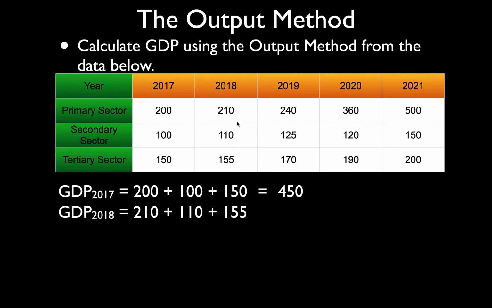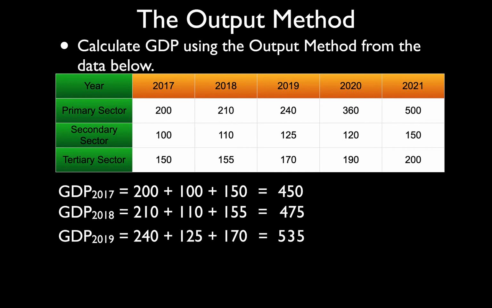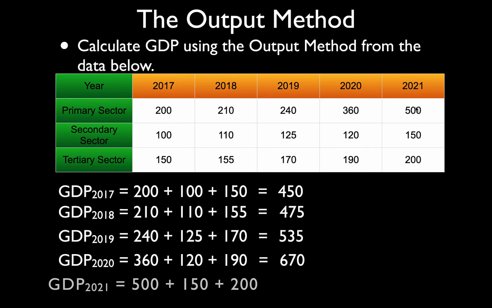If I do the same for 2018, I add up 210 plus 110 plus 155, and I get 475. I think at this stage you've really got this. For 2019, I add up these three numbers, I get 535. For 2020, I get 670. And for 2021, the total value of output is 850 euro, million euro, 1,000 euro.